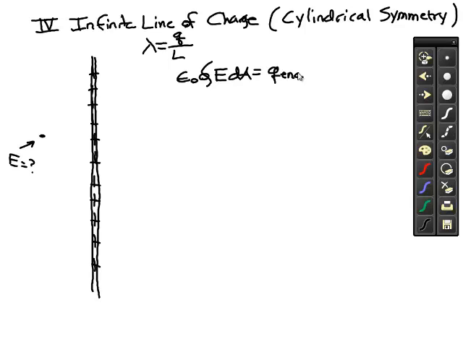So, what would our shape be? What would we use to enclose a portion of this line? Because we can't make it an infinite shape. That would be really disgusting. So you're going to have a finite shape, but it's got to enclose this line so that everywhere on its surface, the E field is either 0 or the same everywhere.